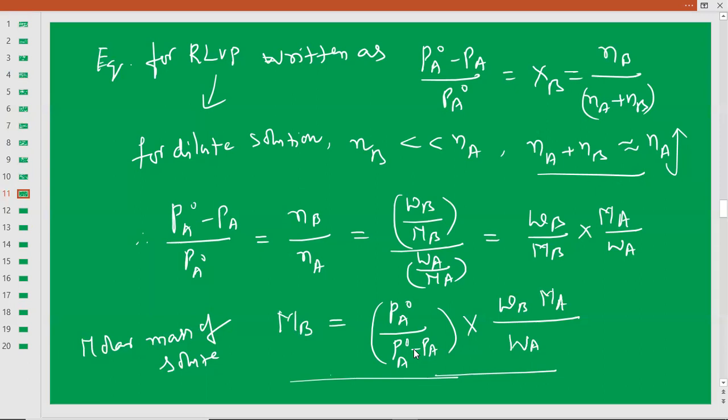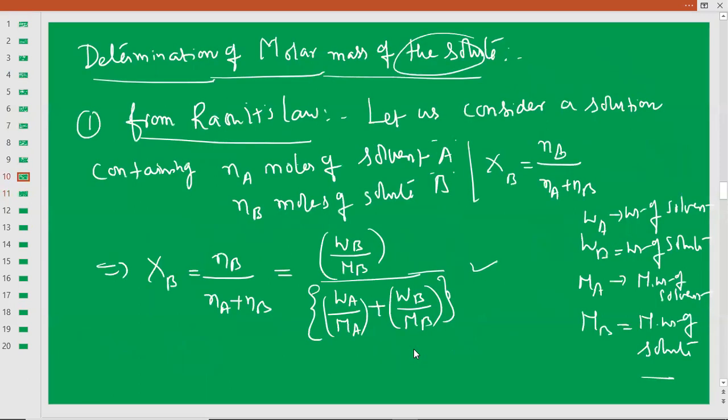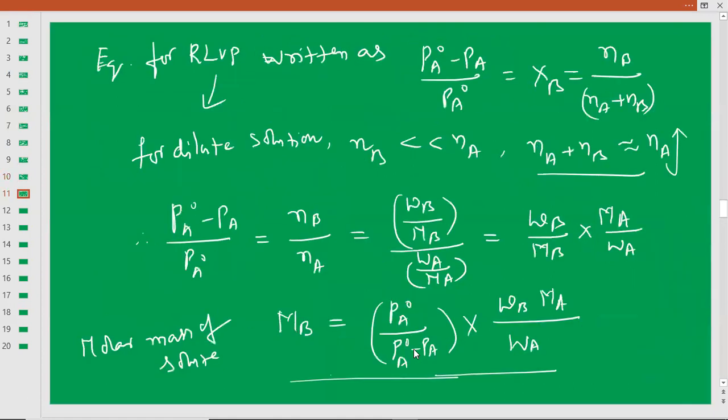But how we got this is, first we have taken Na and all the A symbols for solvent. N is the number of moles, W is the weight, and capital M is the molar mass. And this mole fraction we have discussed for the non-volatile solute, and that mole fraction according to Raoult's law is written as (P naught A minus PA) by P naught A, and that is expanded. But the condition here for Raoult's law is the dilute solution, NB is extremely less than Na.